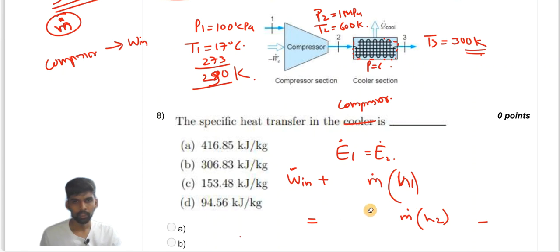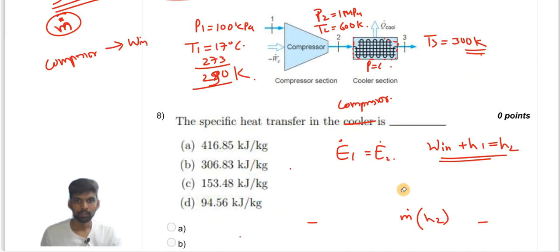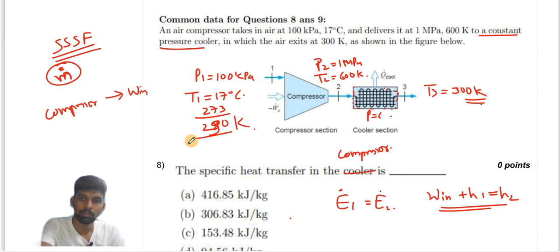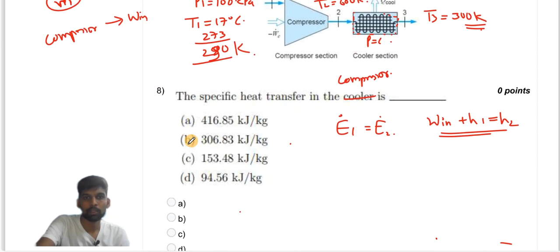Dividing both sides by m dot, we will get specific work. That is Win plus h1 is equal to h2. This will be the equation once we divide both sides by m dot. Let me calculate.